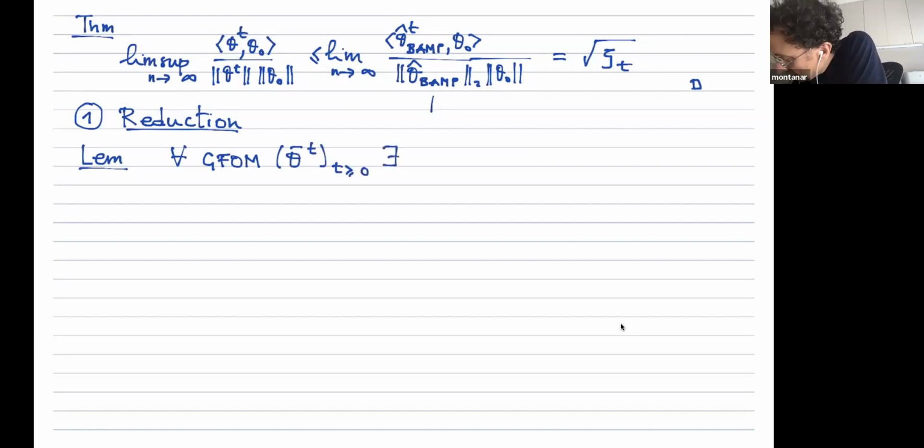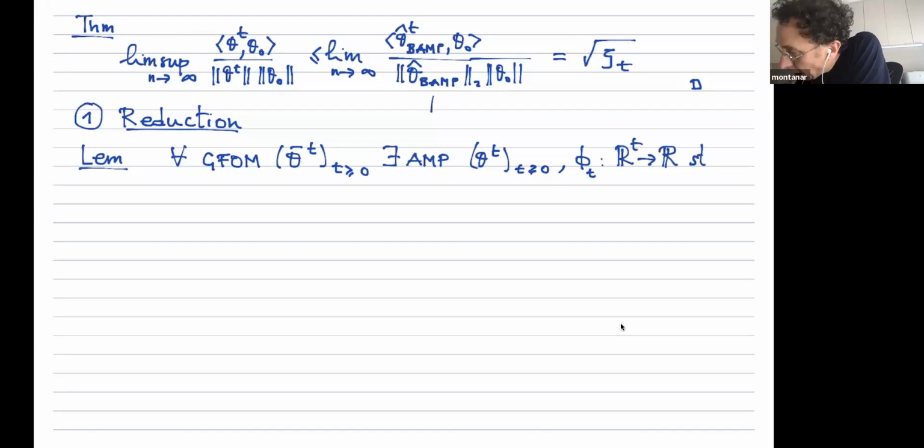There exists an AMP algorithm that produces theta t, and by this I really mean there exists a sequence of functions f t, and there exists a sequence of functions phi t from R^t to R, such that theta bar t is equal to phi t of the AMP iterates.